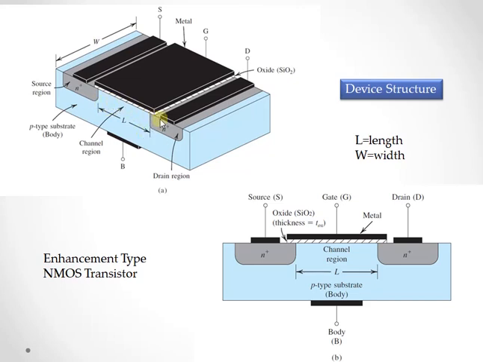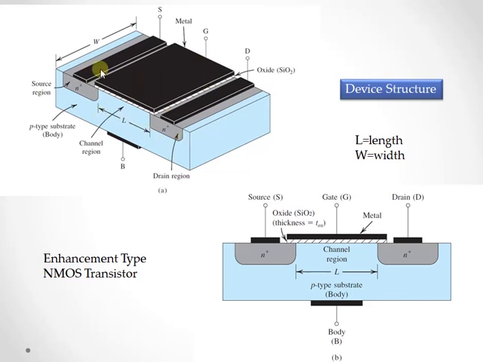It is this region that has the length L and the width W, and these two are the important parameters for the MOSFET. Typically, the value of the length L will be in the range of 0.03 micrometer to 1 micrometer, and the width will be in the range of 0.1 micrometer to 100 micrometer.